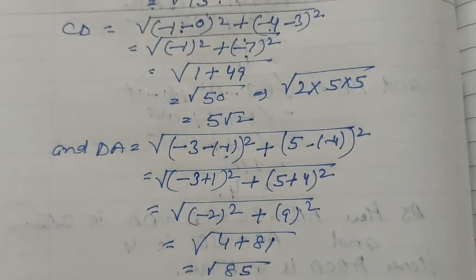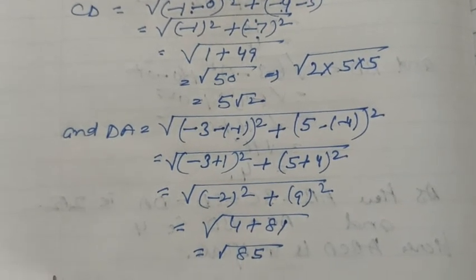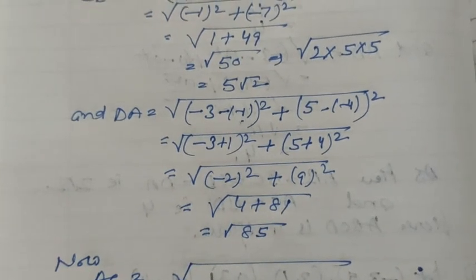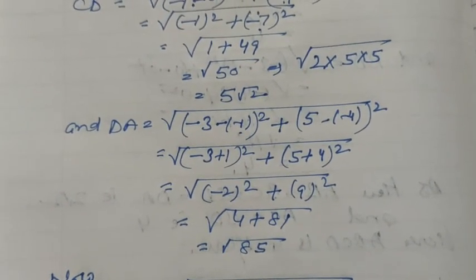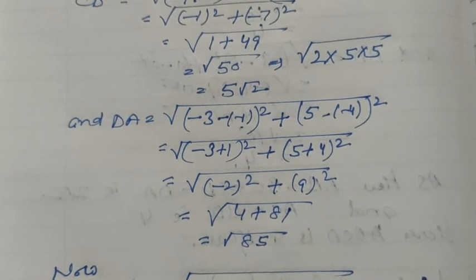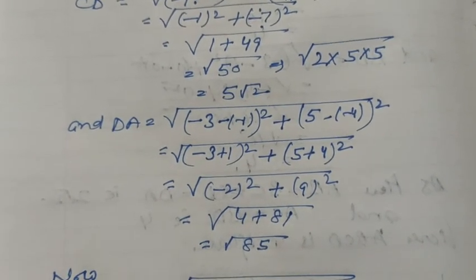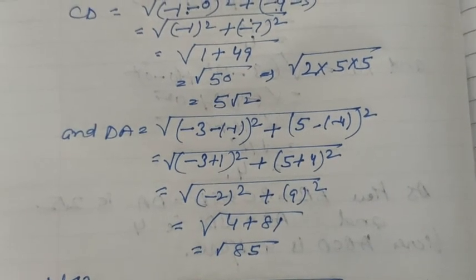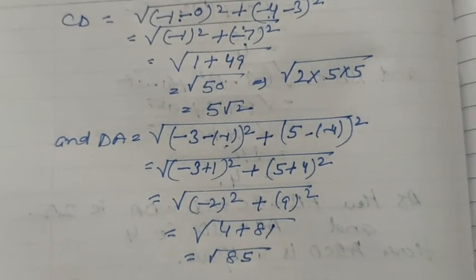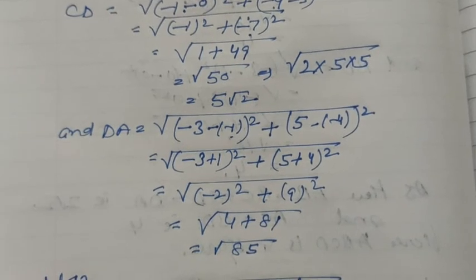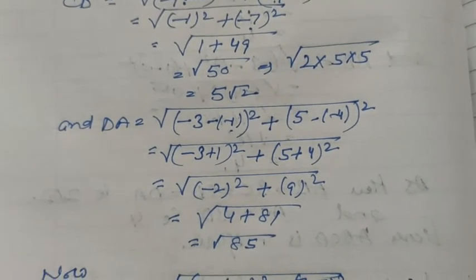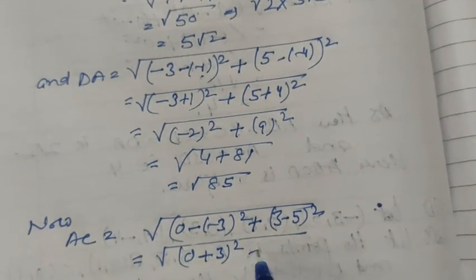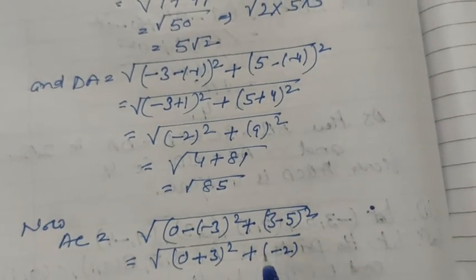Now find the two diagonals. Diagonal AC: we have x3 minus x1, that is 0 minus minus of 3 whole square, plus y3 minus y1 whole square, that is 3 minus 5. So 0 plus 3 square plus 3 minus 5 becomes minus 2 whole square.